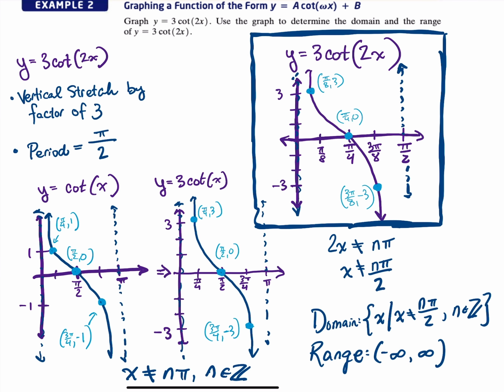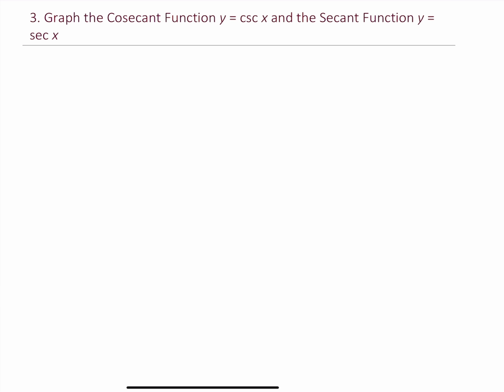But we have two more. Let's consider the cosecant and the secant, and we'll look at these two together. And let's also still relate these to the sine and cosine. Let's recall that the cosecant is equal to 1 over the sine of x.